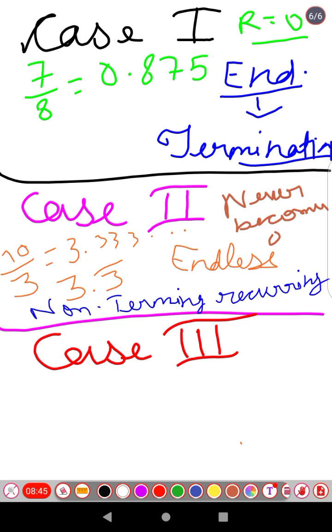recurring. Now, suppose on the other hand, on your walk on the number line, you come across a number like 3.142678 whose decimal expansion is terminating, or a number like 1.272727, that is 1.27 bar, whose decimal expansion is non-terminating, recurring. Can you conclude that it is a rational number? The answer is yes.